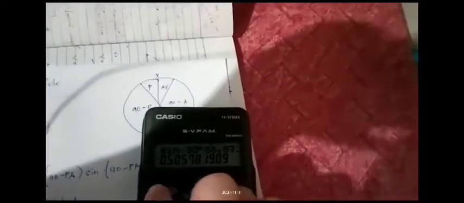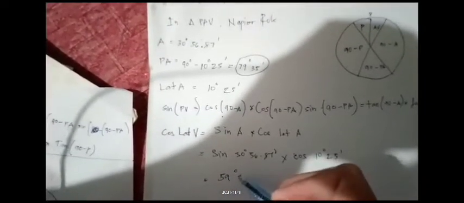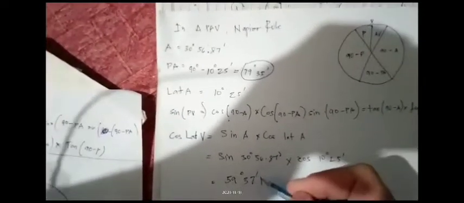We will get an answer of this one, but it's not finished yet, so we will inverse it to cosine, shift cosine. We will get 59.6167829. So we will get its degree form. Then we will get an answer of 59 degrees and 37 minutes. That would be north.